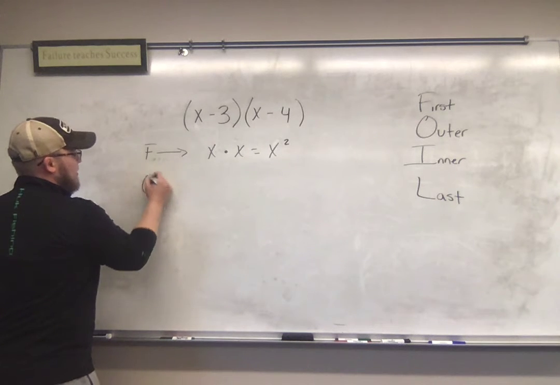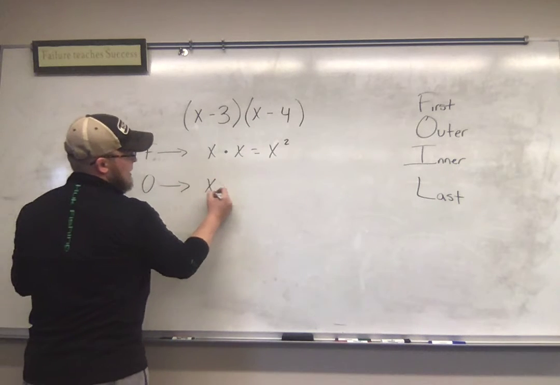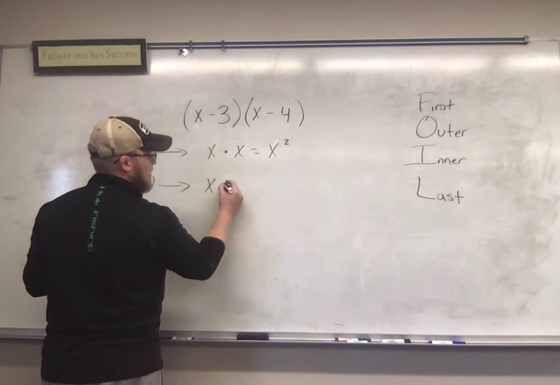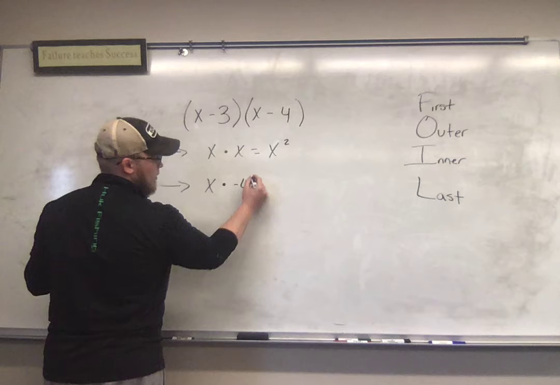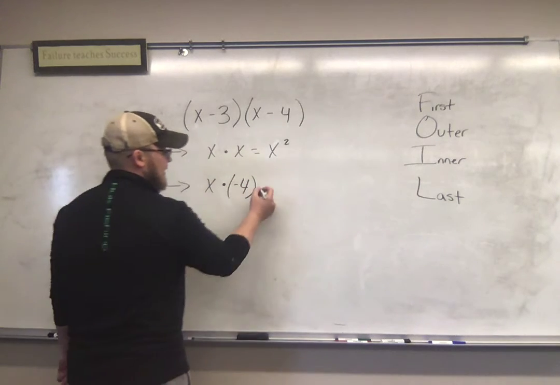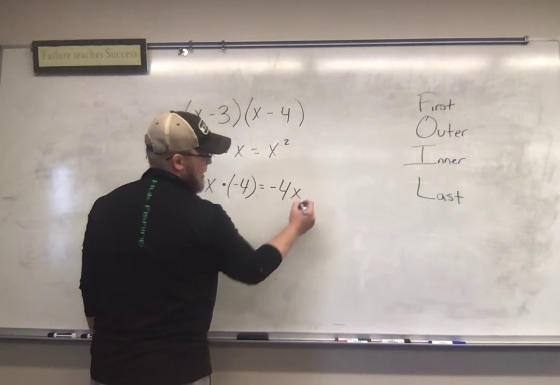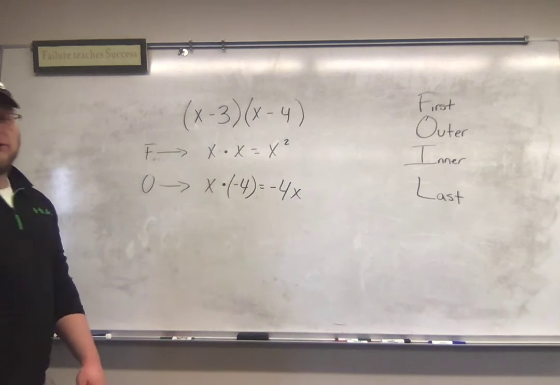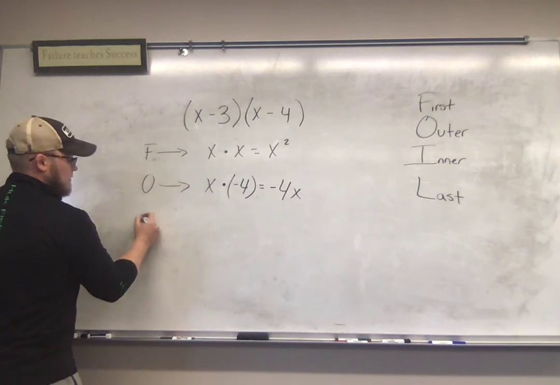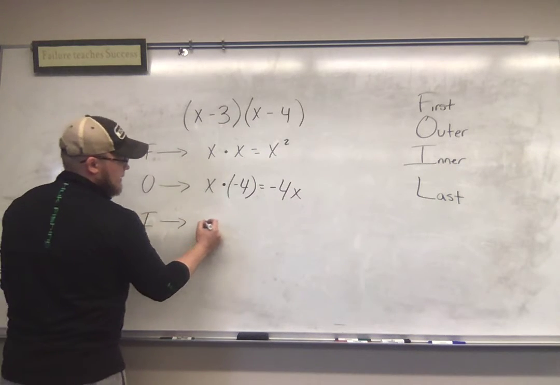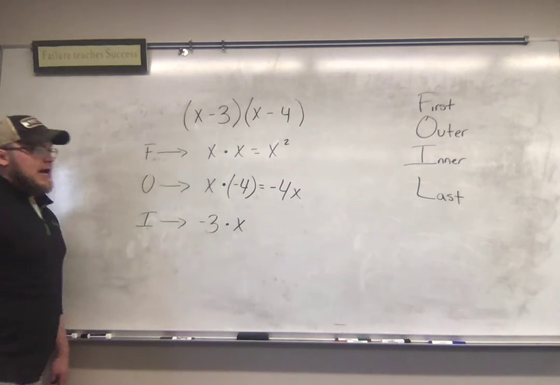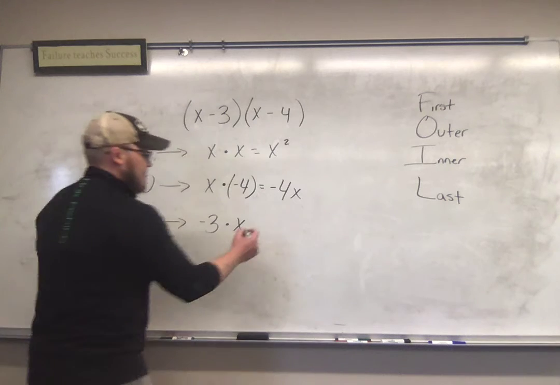So the outer numbers is x times negative 4. And that's going to be negative 4x. You just combine them all together and write it like that. The inner numbers, which comes next, is the negative 3 and the x. It's the negative 3 times x. And again, you just combine those. It's negative 3x.